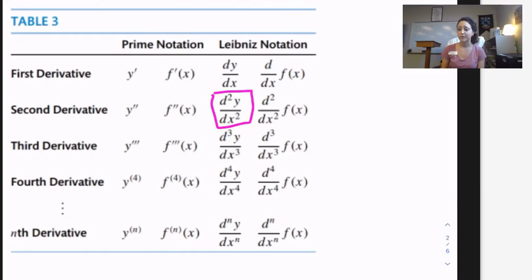You don't have to use this notation, you just have to know that when you see that, it means the second derivative. Similarly here, that would be the 4th derivative. This would be the nth derivative. So I'm going to force a pause on your screen. You can write down what you feel like you need to write down with this notation, and then we're going to try an example together.